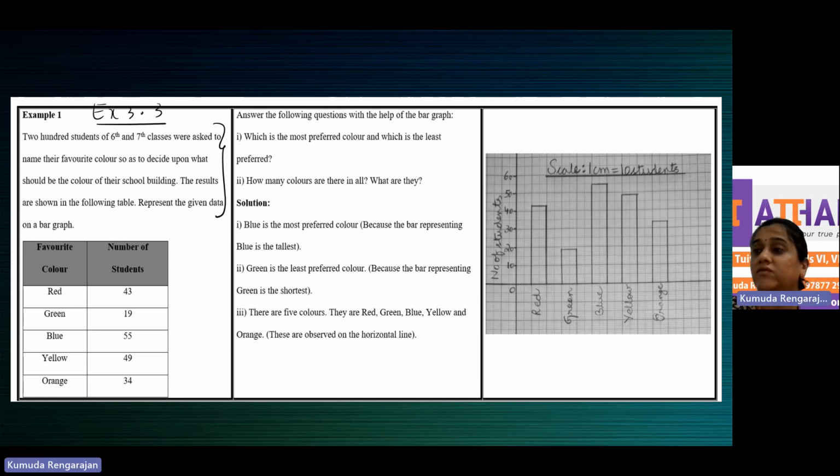Yeah, next prepare the graph. That's called a table. No, 1 minute.